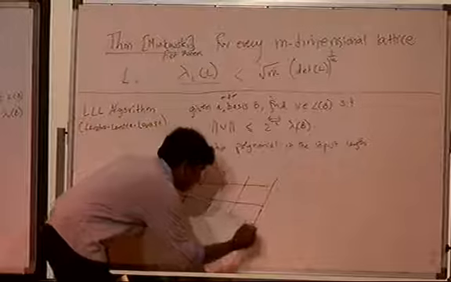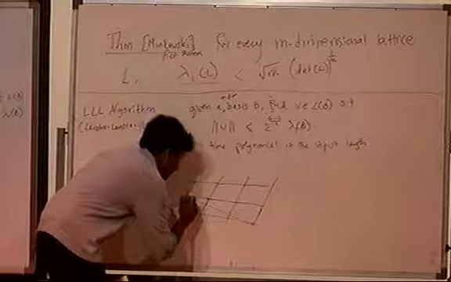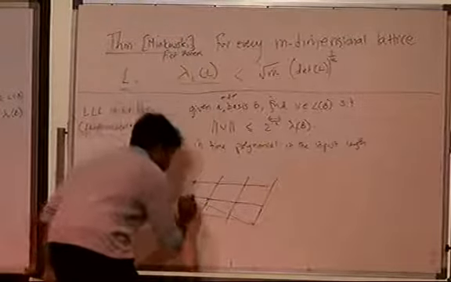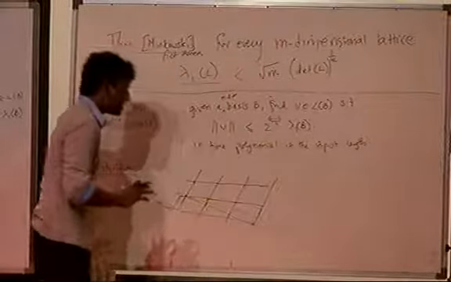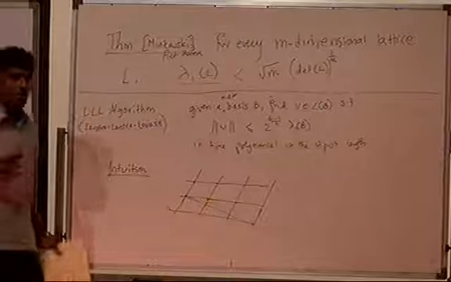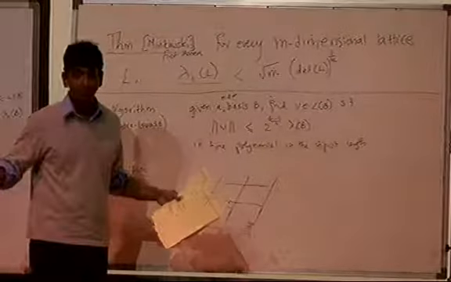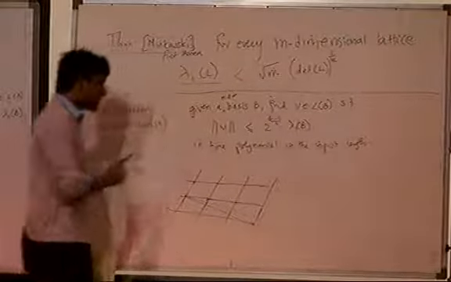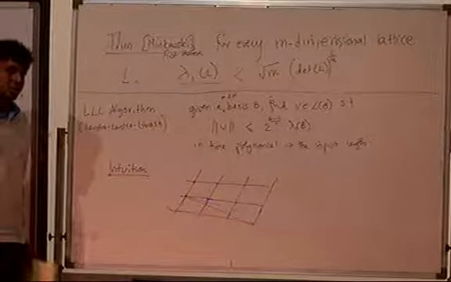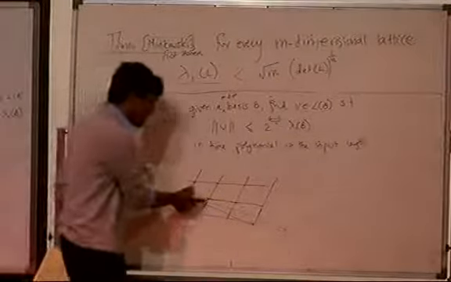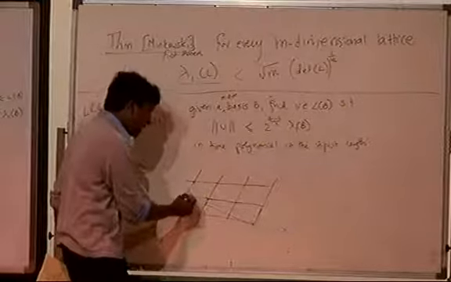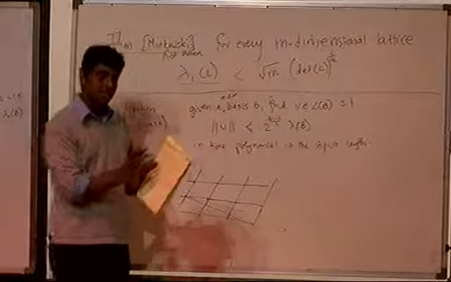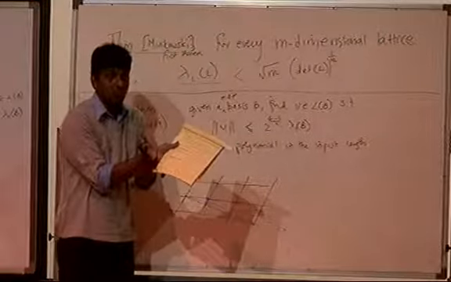Namely, I can't even draw it. This is a really terrible basis for the lattice. Why? Because it has long vectors. Let's notice another thing about these two bases. In this basis, the vectors are short and nice, and the angles between the vectors are close to orthogonal.